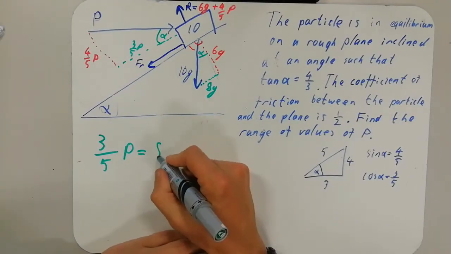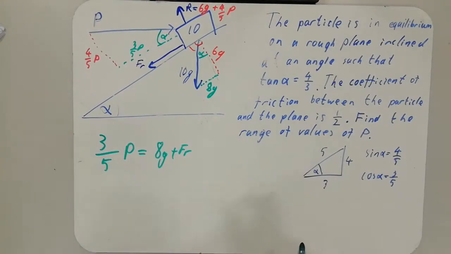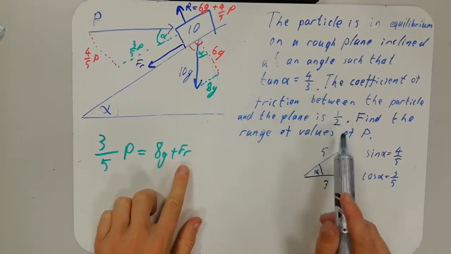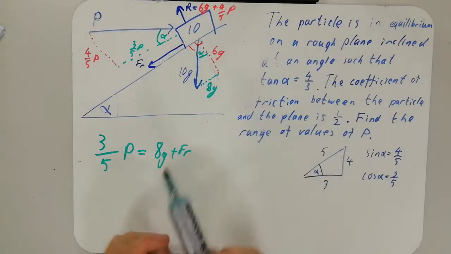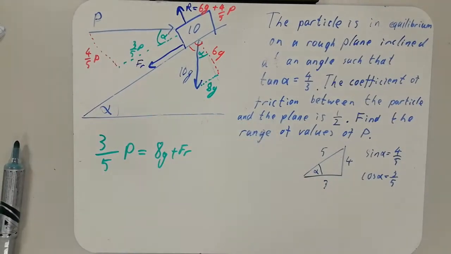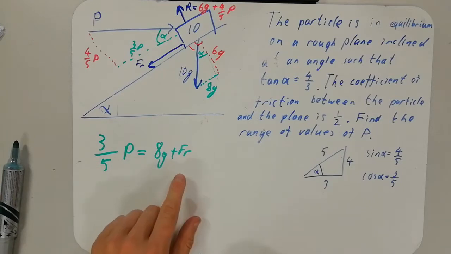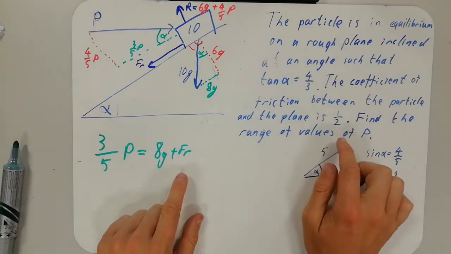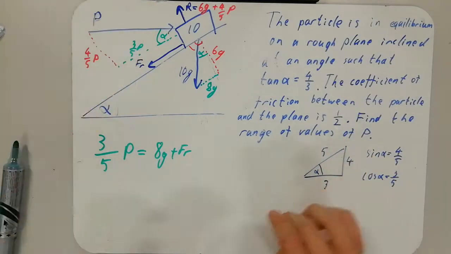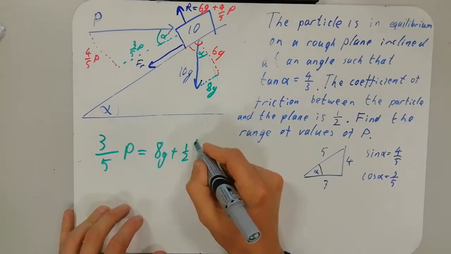So we've got 8g plus friction, and friction is the coefficient of friction times the normal reaction force. If you're pushing something down and then trying to push it along, it's a lot harder. It seems to grip the surface a lot more. That's because the friction is equal to the coefficient of friction, a constant, multiplied by the normal reaction force. As you push it down, it becomes harder to slide. So we can replace that with a half of R.